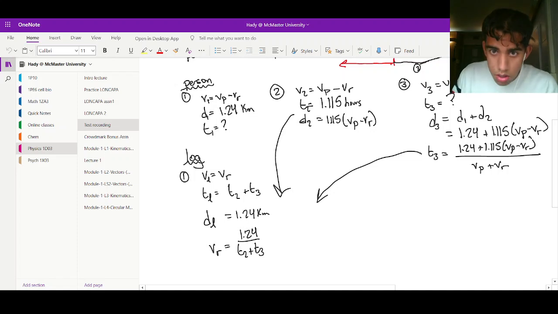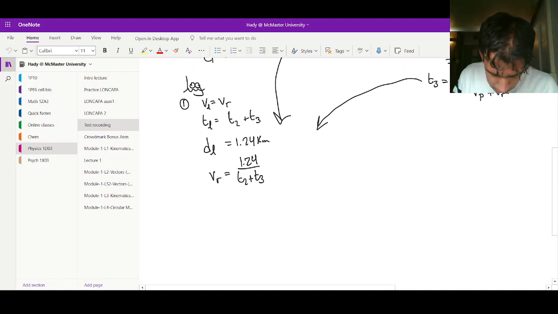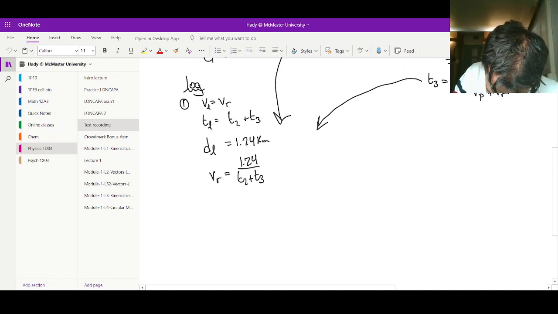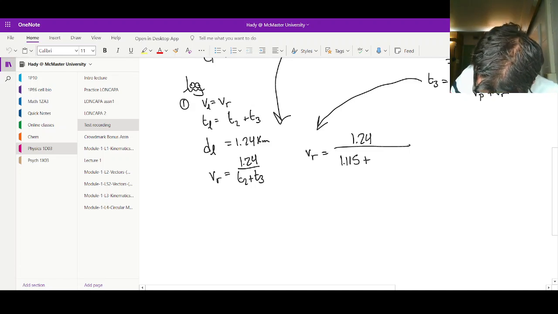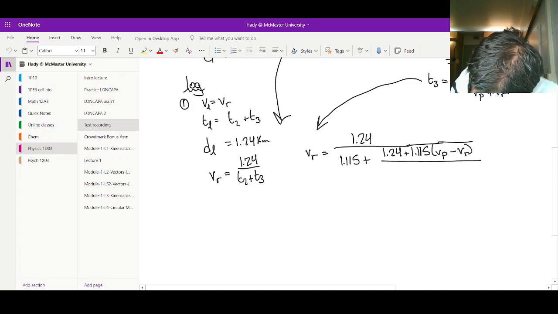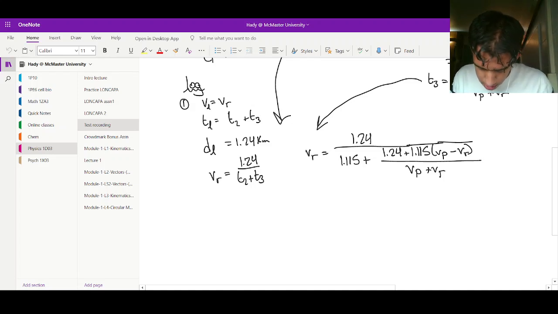Okay? So let's give us some space. Now VR is equal to 1.24 over 1.115, because that's t2, plus (1.24 plus 1.115 times (VP minus VR)), all of that over VP plus VR. Now let's get the 1.115 to have the same denominator as the other.